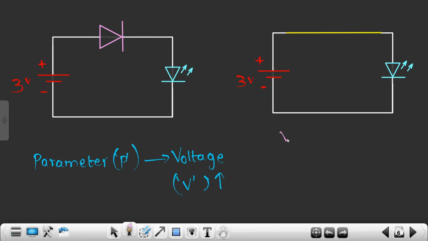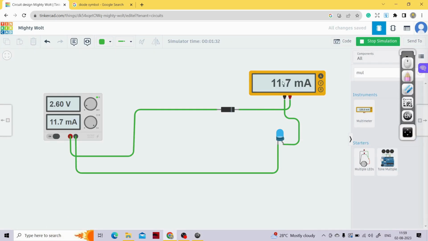That means if your voltage is increasing, your conductivity is increasing. That means your resistivity is decreasing, so it will act as a pure conductor, and that's why your LED is in on condition. If you check over here, it is in on condition and it is allowing the flow of current. That means it is allowing the energy to flow through it.